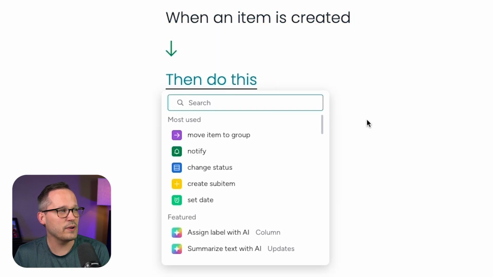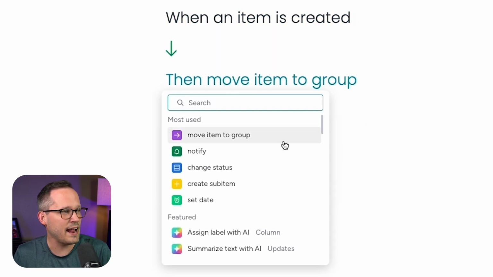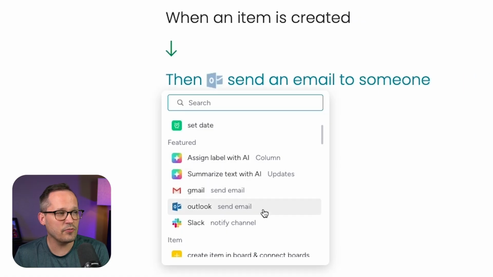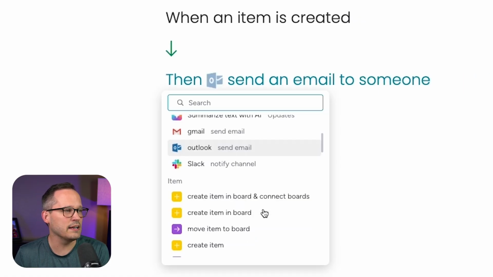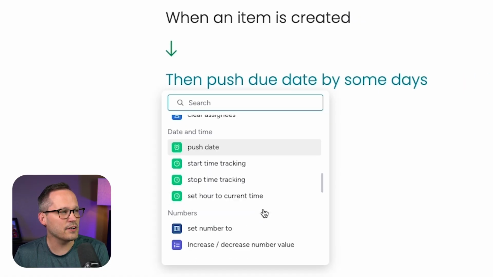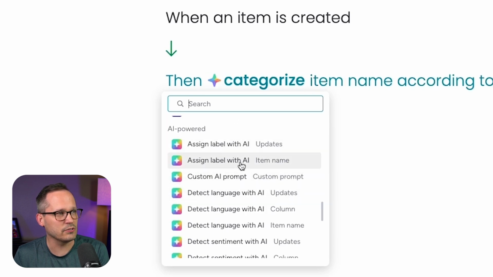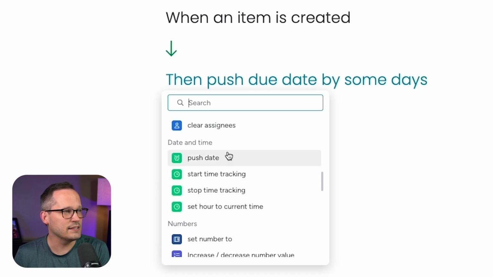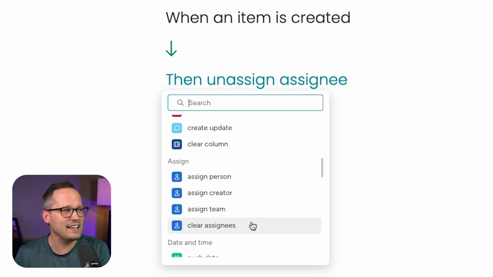And so after we have our trigger and we have an action here, now we can update the items. We can change statuses. We can send notifications via Slack or an email. We've got AI functions that we can tap into. If I scroll down here, we can use AI directly within the platform. We can set times and dates and assignees and all of that.